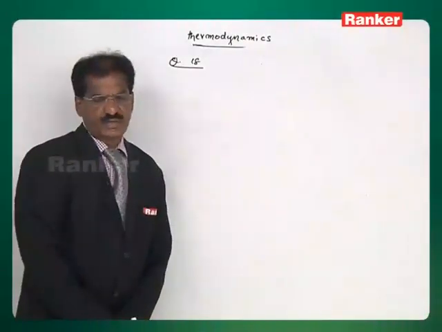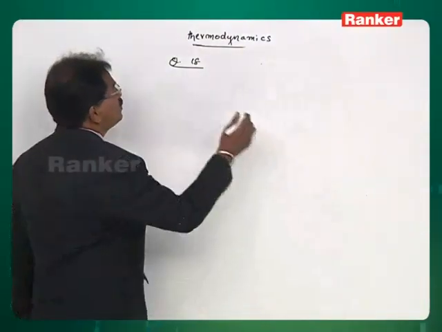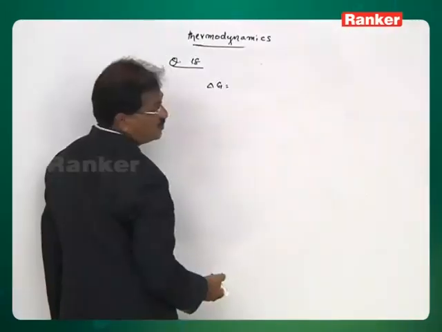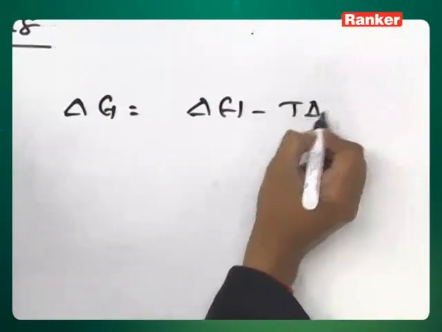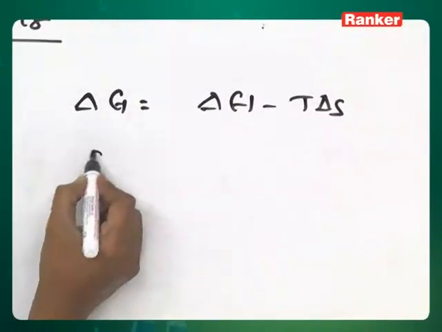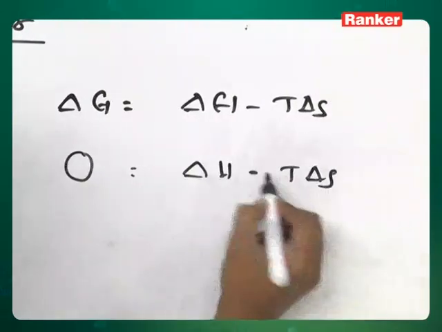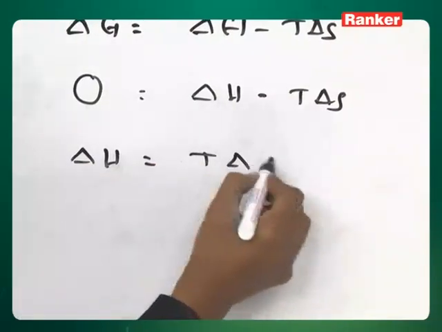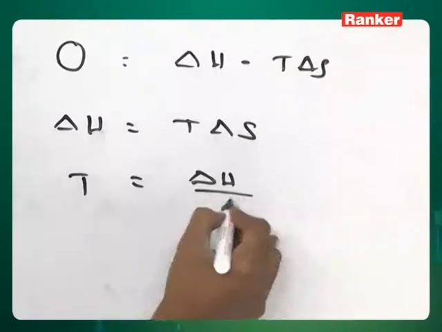In order to calculate the temperature at which free energy change is 0, use this expression. If the free energy change wants to be 0, then del H is equal to T del S. Therefore, temperature is equal to del H upon del S.